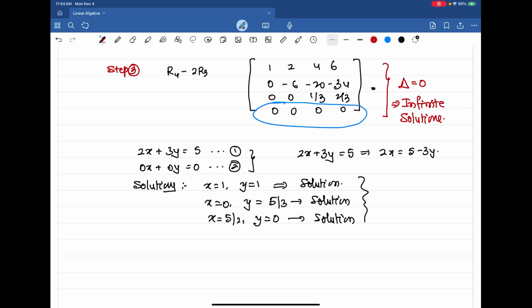If one of the columns has total zeros or one of the rows has total zeros, then the system of equations will have infinite solutions. That's today's conclusion. Now, let's go further.